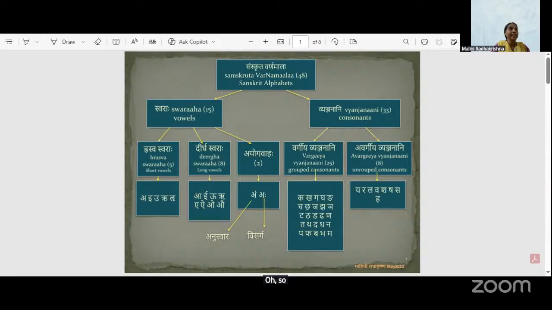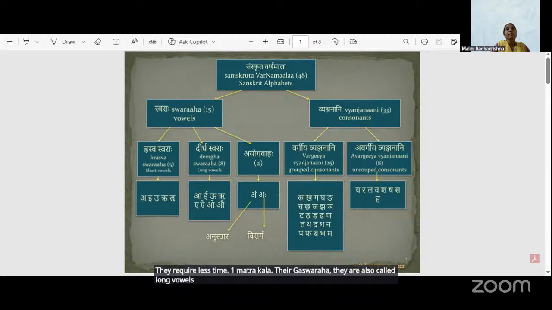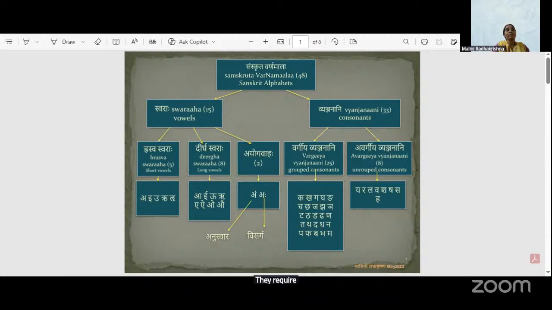These 8 letters are classified as long vowels, Dirghaswaraha. Hrasvaswaraha are also called short vowels because they require less time, one matra kala. The Dirghaswaraha are called long vowels because they require two matra kalas of time.